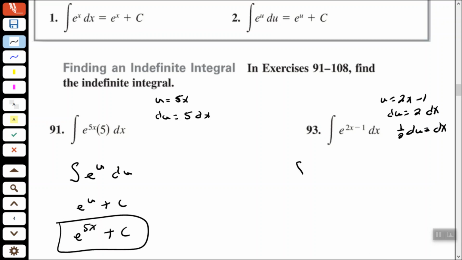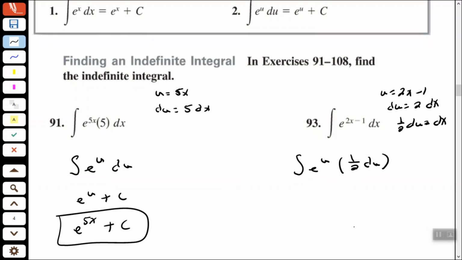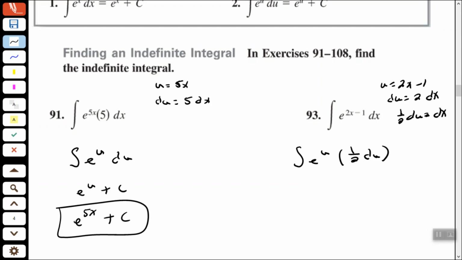All right, so now we have the integral of e to the u, and then dx is equal to 1/2 of du. So we would pull the 1/2 out in front. And we know the integral of e to the u du is e to the u plus c.